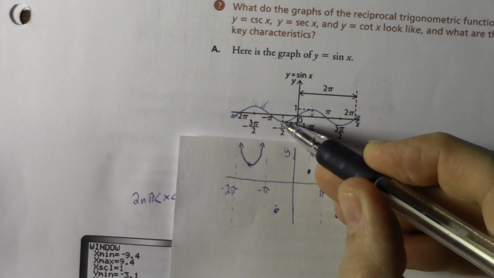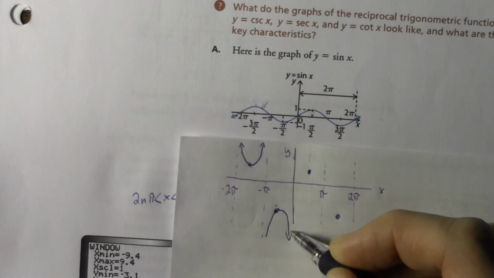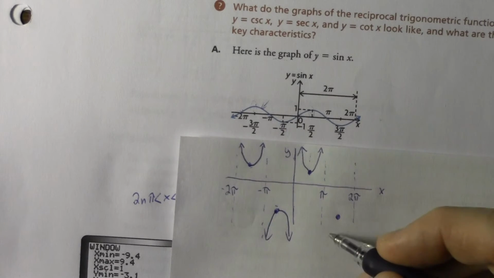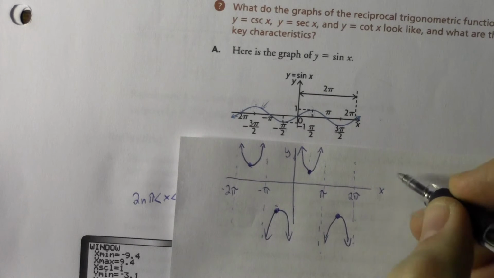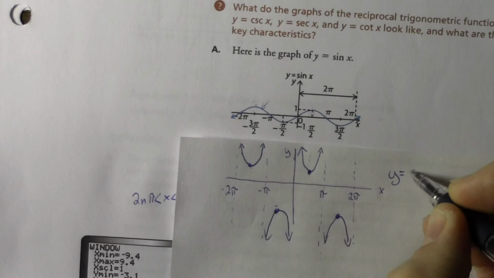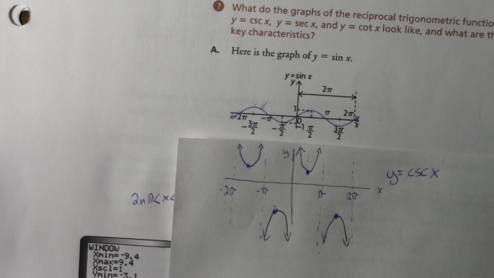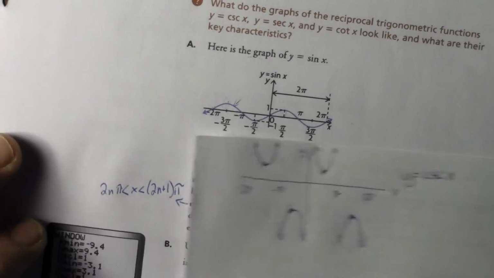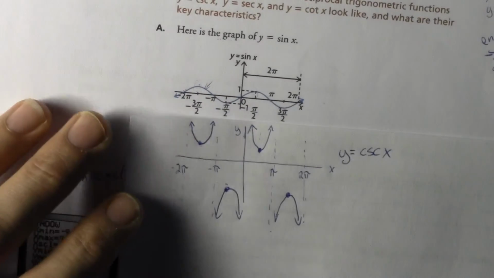So if I draw this one, local minimum, local maximum, vertical asymptotes, it has to look like this. There it is. Any questions?